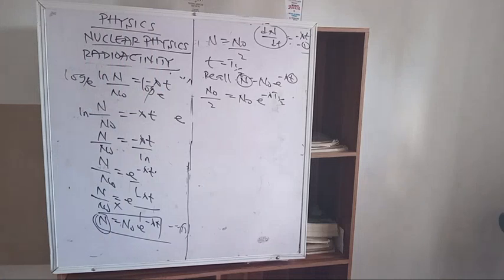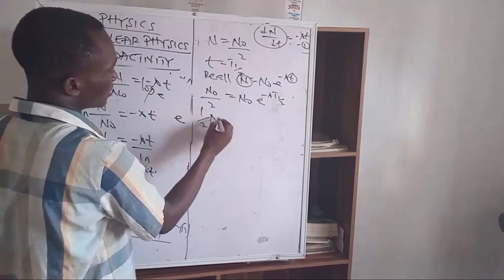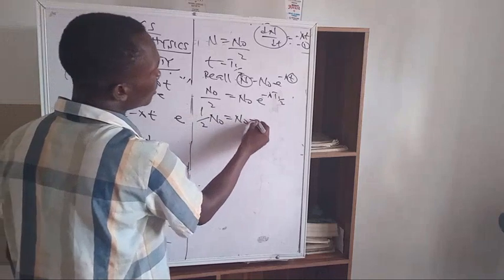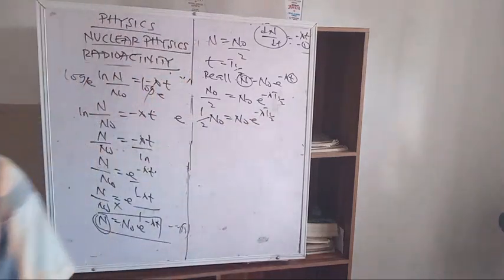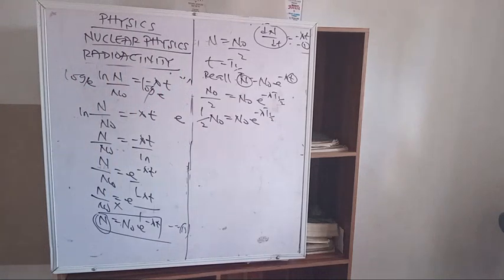So the same thing I did is what I'm going to replicate. That N over 2 can also be written as 1/2 N naught, which is equal to N naught e to the power minus lambda, and my time taken has come to t half. So I will find the logarithm of that.